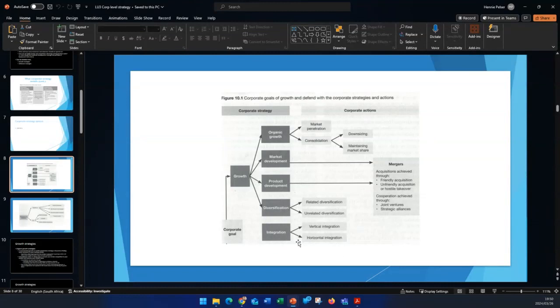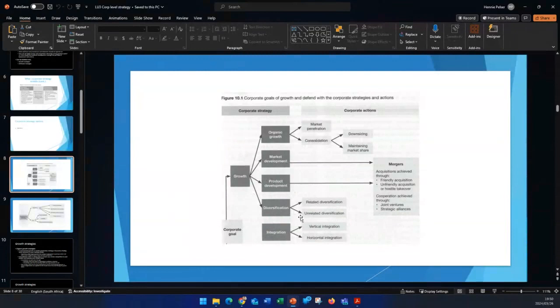Be very careful if you go with diversification. Diversification is where you add new products and services to the actual product offering. Related diversification is where you use the same technology. Unrelated diversification, using different technologies, is generally very risky.